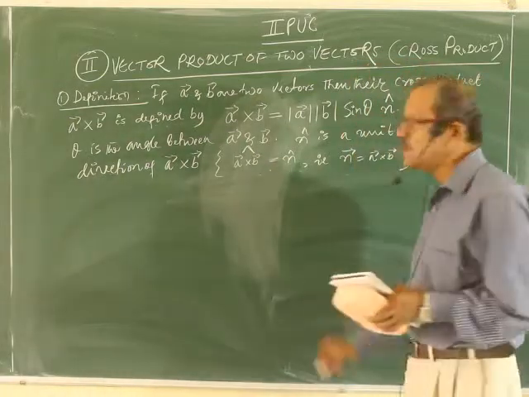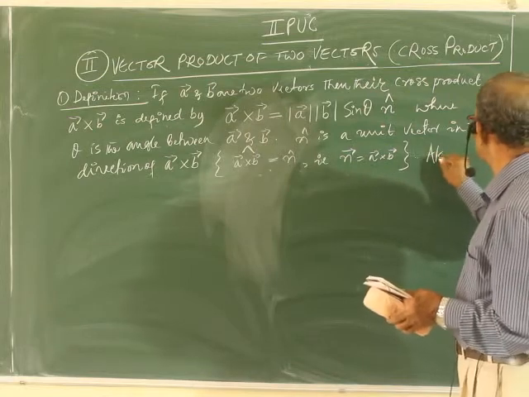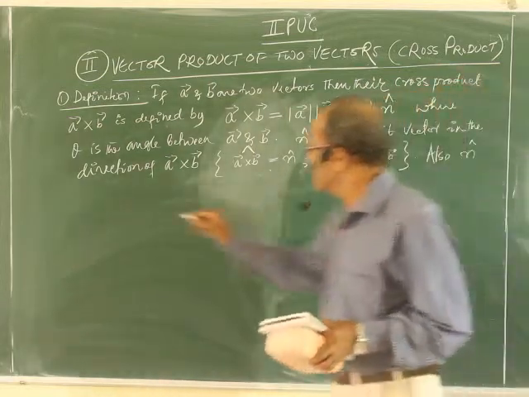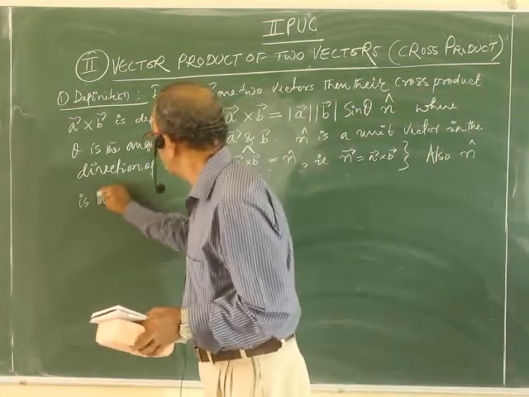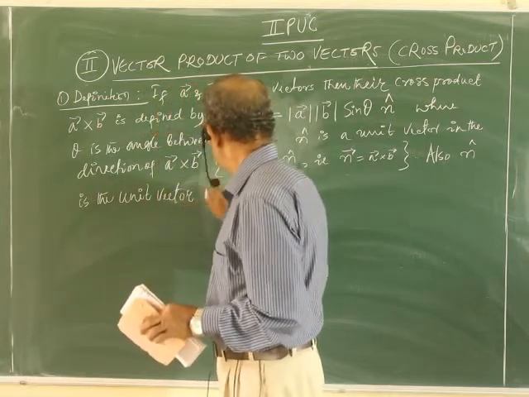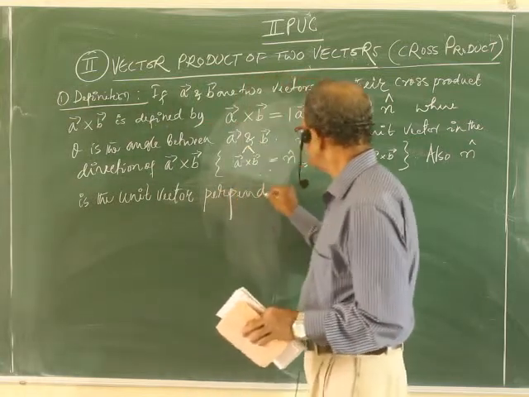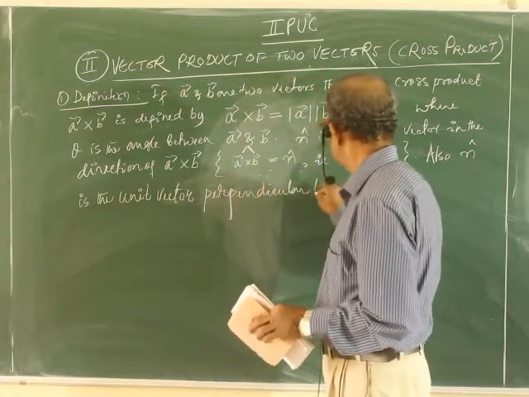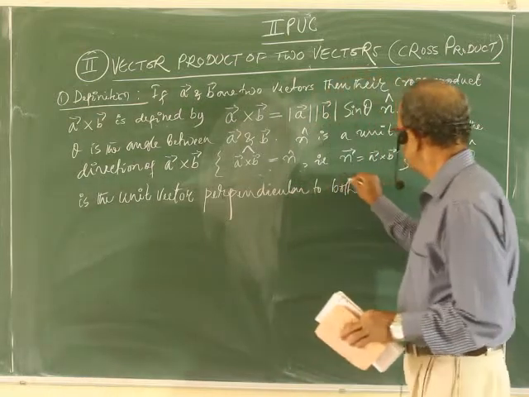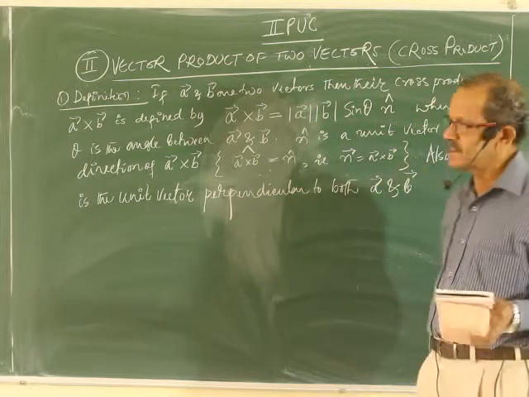Also, note this one, n cap is the unit vector perpendicular to both A and B. This is very important.